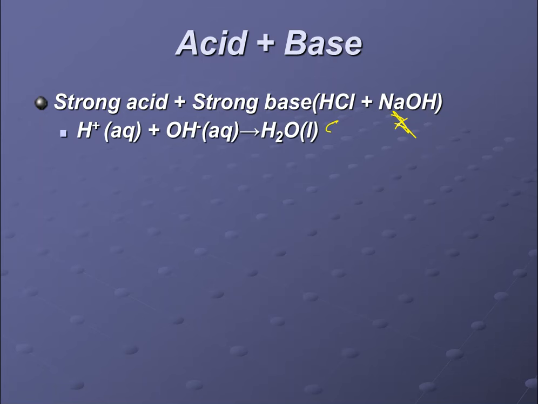What we've got here is the net ionic equation. If you wrote the molecular equation, you'd have HCl plus NaOH making H2O, and then you would have sodium chloride as the other product. But when you remove the spectator ions, and in this case the chlorine and the sodium are the spectator ions, all you've got is the hydrogen ion plus the hydroxide ion yields the water.